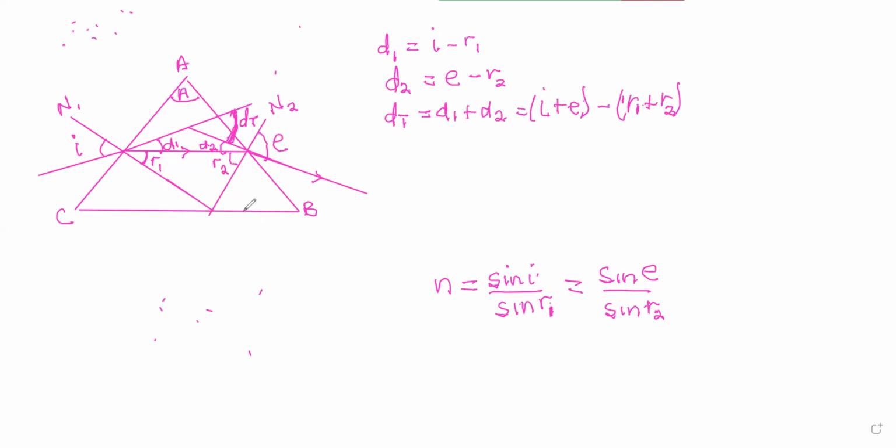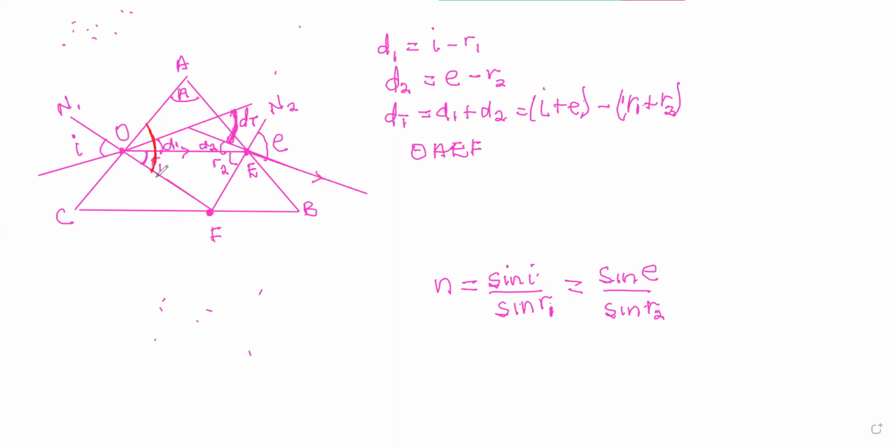Okay, so we first considered, assuming this is OA, let's call this E, and then let this point be F. So when you consider this quadrilateral OAEF, because this whole angle here is equal to 90.